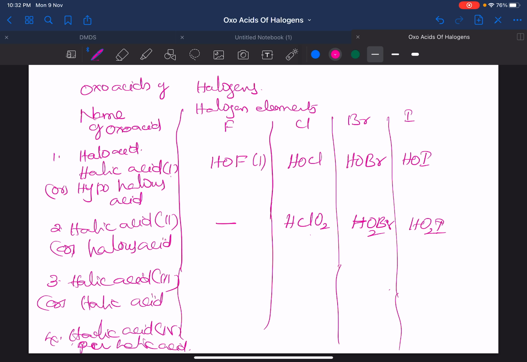Next is halic acid 3. Fluorine does not give it, whereas chlorine gives HClO3, chloric acid.